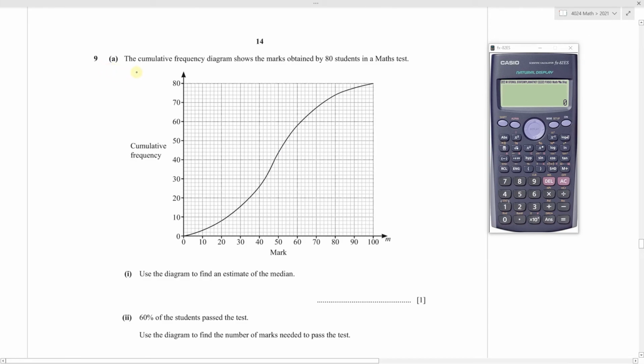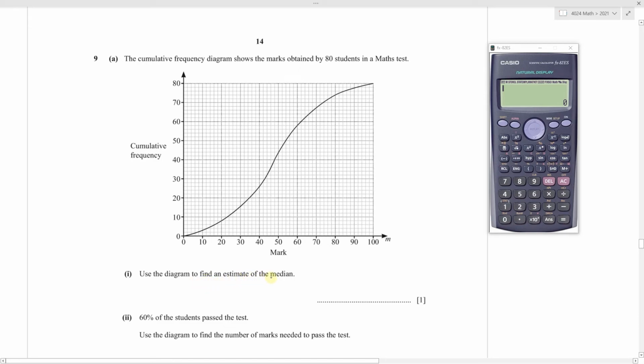Question number 9, part A: the cumulative frequency diagram shows the marks obtained by 80 students in a maths test. So you have marks on x-axis and the cumulative frequency on the y-axis. Use the diagram to find an estimate of the median.